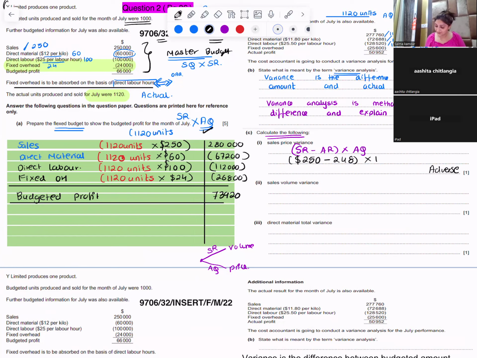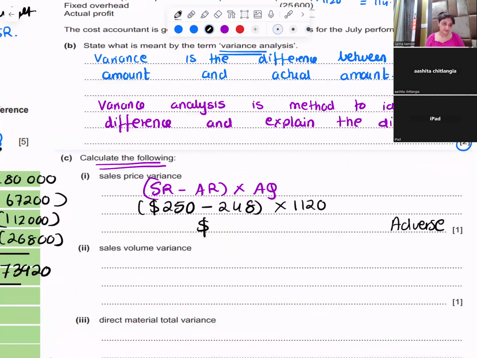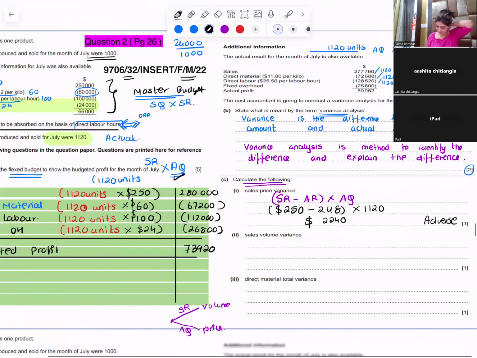Actual quantity is 1120. So 2 into 1120 is going to give you $2240. So this is your sales price variance.